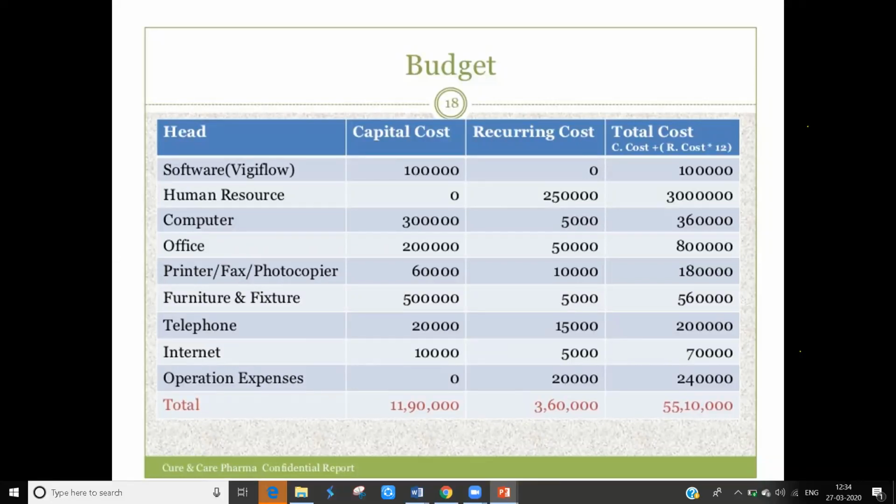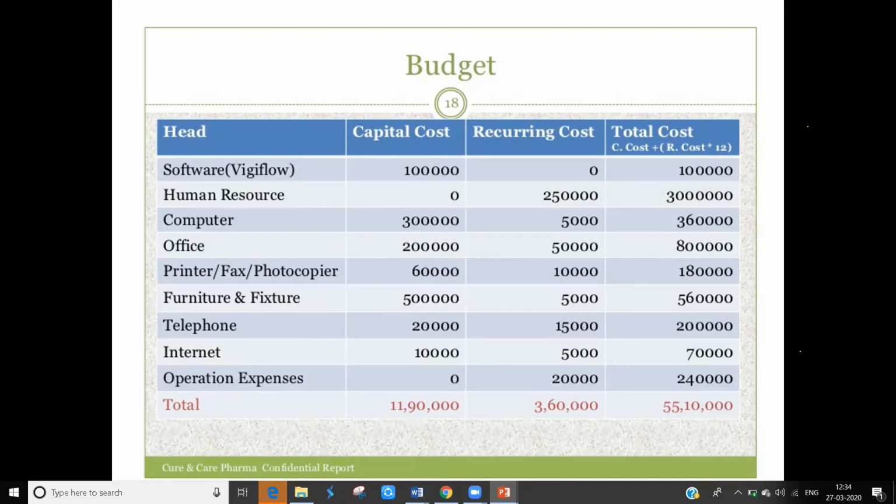The capital cost, the cost we stated here, could change. Okay, so it can vary in different cities and types of hospital. But you can see the requirement.